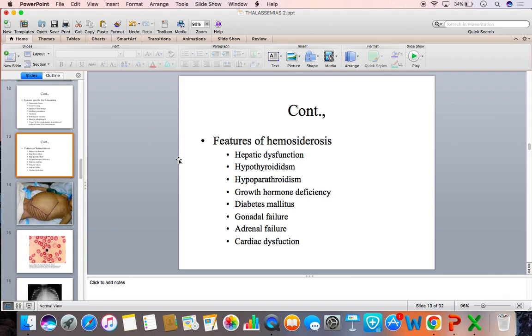If you maintain the hemoglobin content around 9 to 10 grams percent, the complications secondary to the erythroid hyperplasia and the bony abnormalities can be prevented. In order to achieve that, we have to give blood transfusions, and the patient should be on regular transfusions, which may result in iron overload.